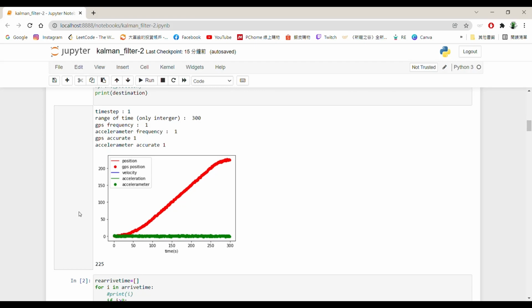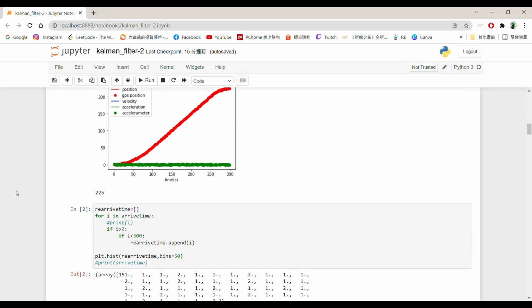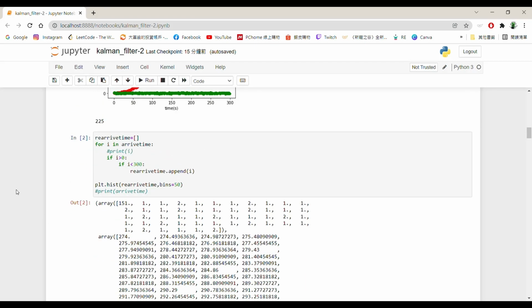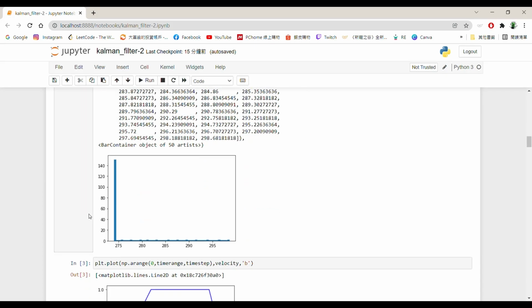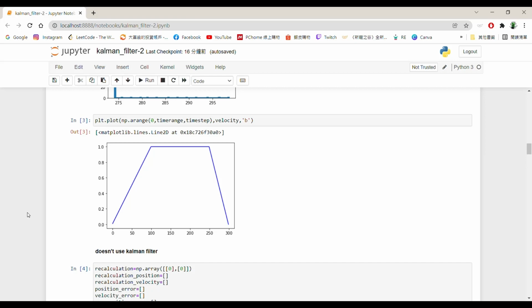This is the output graph. And this part is the arrival time. We can see that most of the result data is near 275 seconds. And this is the velocity curve.